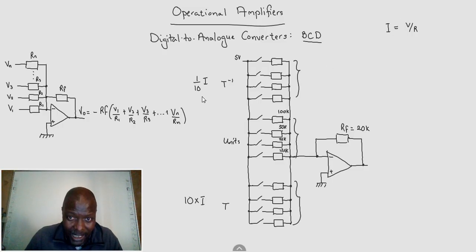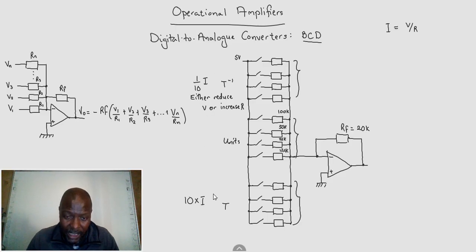So to reduce the currents, I can either reduce voltage or increase resistance. Okay, that's how we can achieve that part.